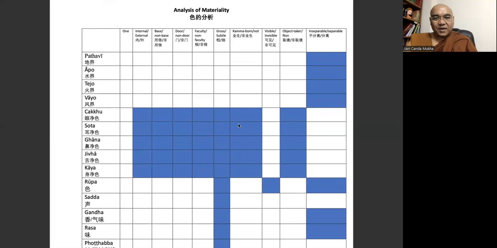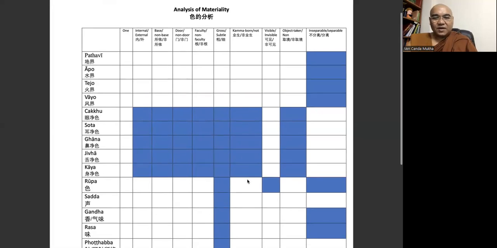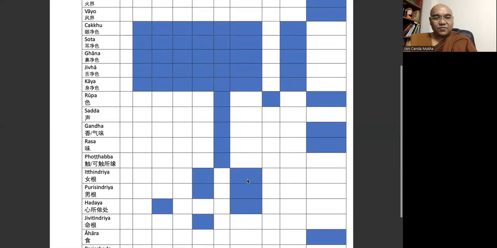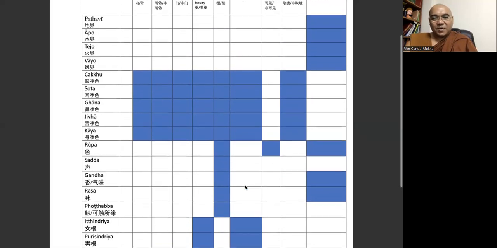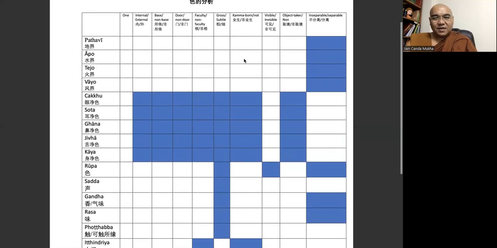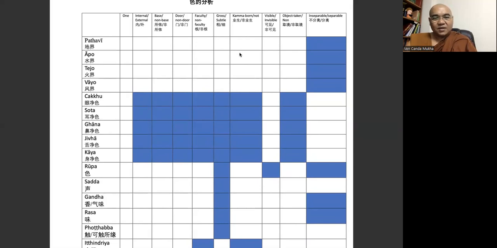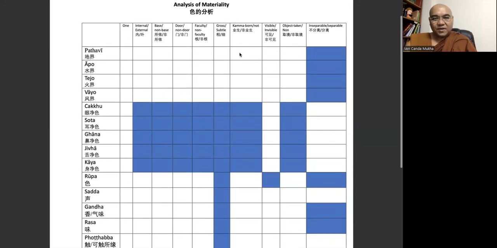These rupas I mark with a color: Cakkhu, Sota, Ghana, Jivha, Kaya, then Itthindriya, Purisindriya, and then Hadaya Vatthu. They are called karma born matters, produced by karma. The other matters cannot be called karma born matter.